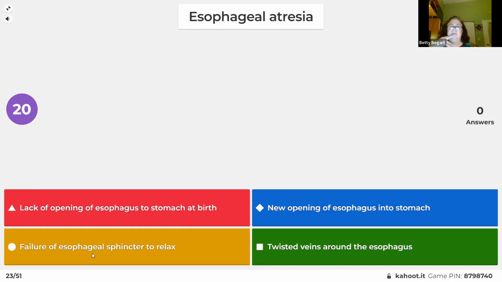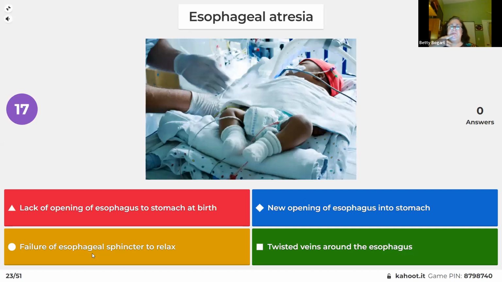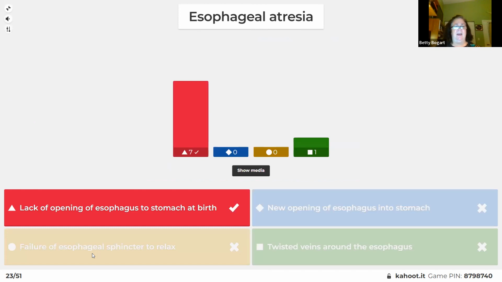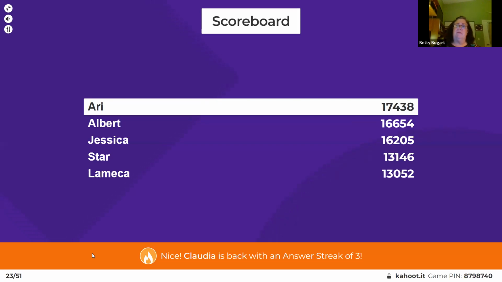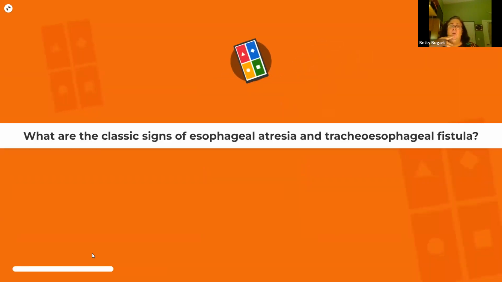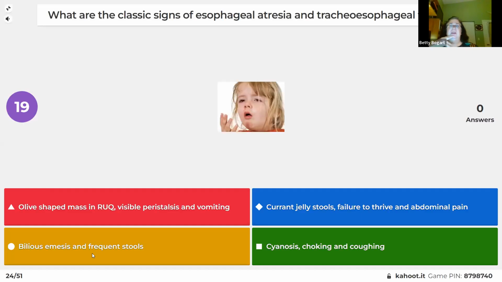Esophageal atresia. What's that? Remember, take these words apart. We know esophagus, atresia, without what? And it's that lack of opening between the esophagus and the stomach. What are the classic signs of esophageal atresia and tracheoesophageal fistula?